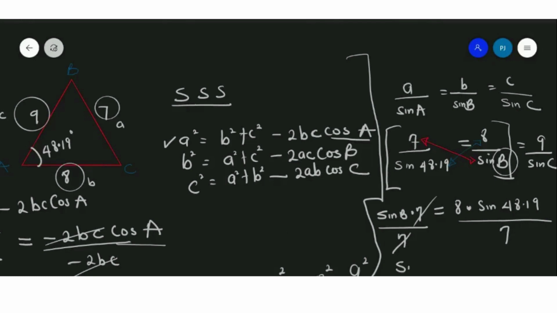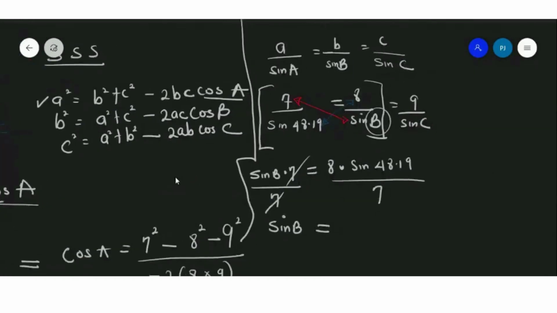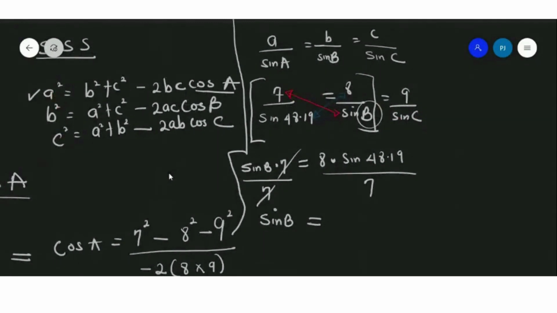So sine B is equal to, I hope you can see exactly what I'm doing here, this is not A, this is B. I'm just going to clean it up so it looks better. So sine B is equal to 8 times sine 48.19, divided by 7. If you do that, you should end up with 0.8518, something like this.